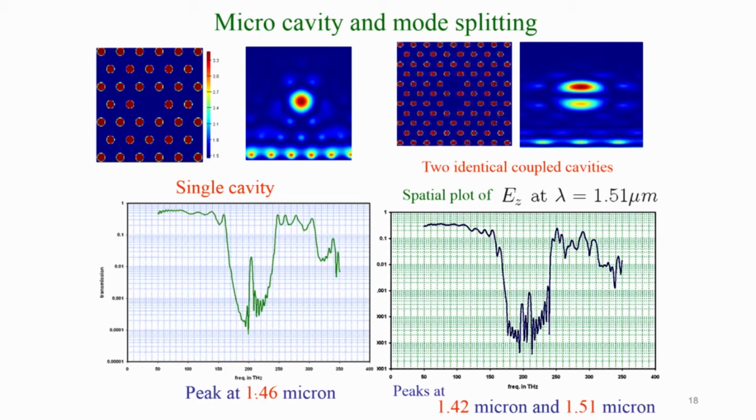Using a double cavity you can create a mode splitter. So, there are 2 peaks here corresponding to each of these things, and of course they are coupled. So, the field propagation across these 2 identical cavities has a coupled structure and has very interesting features for many applications.